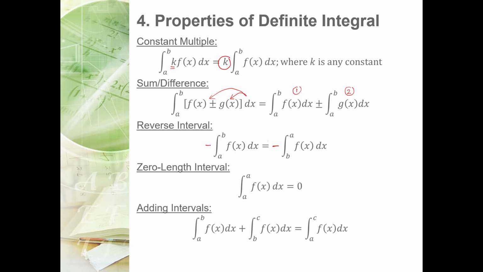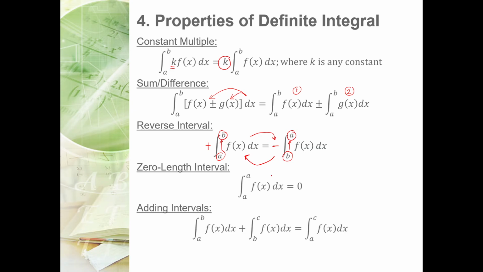So from a positive value from a to b, you now have a negative value, and the limits of integration are reversed from b to a. Same goes if you want to create a positive interval from the negative one, you can convert it backwards also. You can have the positive integral and then switch the limits of integration again. So it's vice versa, reverse interval.